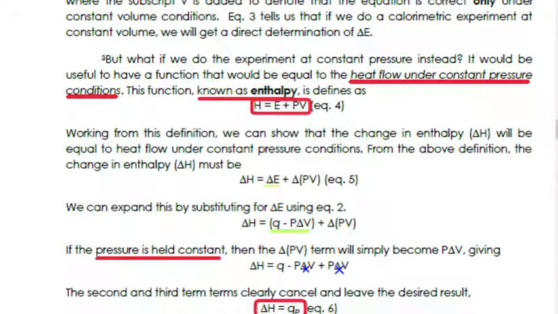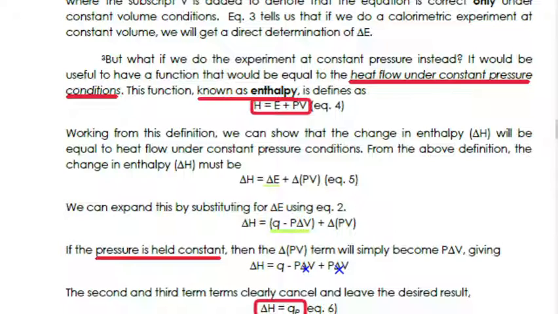And then, to summarize, for a process at constant volume, the measurable heat flow is equal to delta E, the change in internal energy.